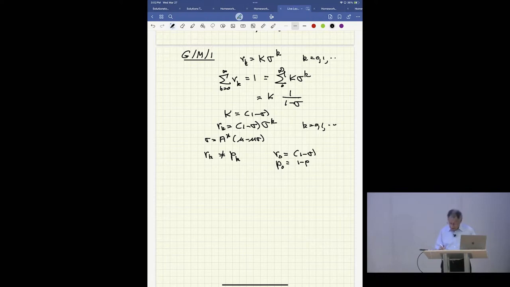But I can tell you on the side, we're not going to prove this, so let's point out we can show that P_k, this is for GM1, is equal to rho times 1 minus sigma, sigma to the k minus 1, which is equal to rho times R_{k-1}. Again, P_k is not equal to R_k, but it's close. It's shifted down by 1.